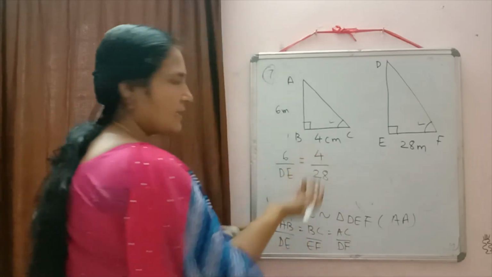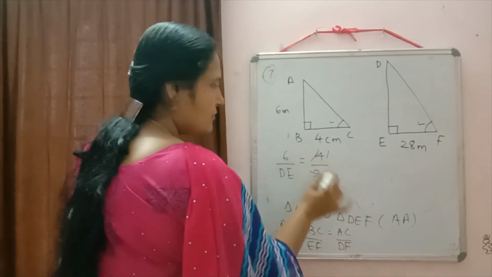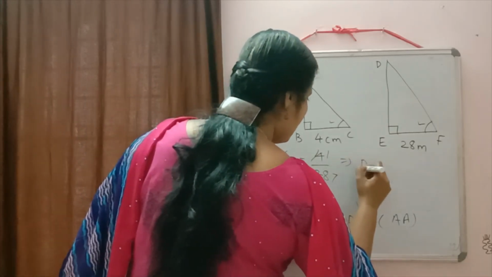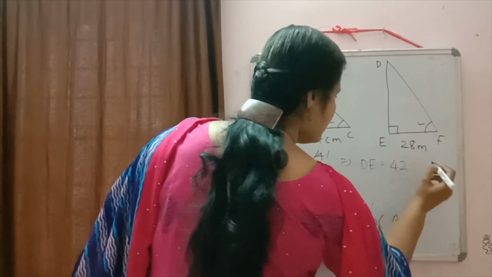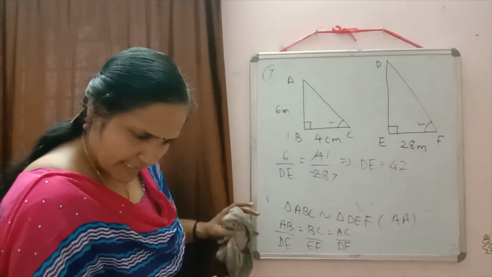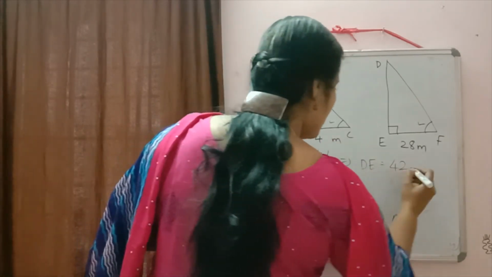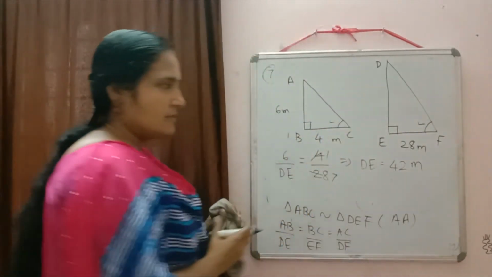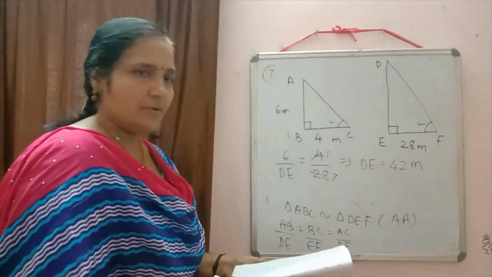So from here we can calculate DE. We can cancel these two. Do the cross multiplication, then DE is equal to 7 into 6, 42. Is it given meter or centimeter? All are given in meter. So 42 meter. We got the height of the tower: 42 meter.